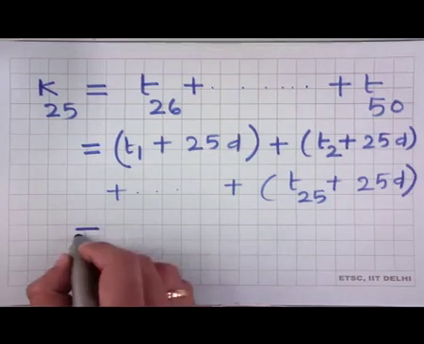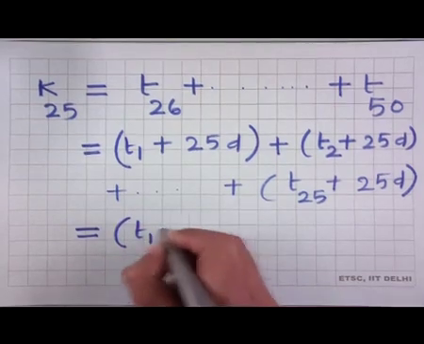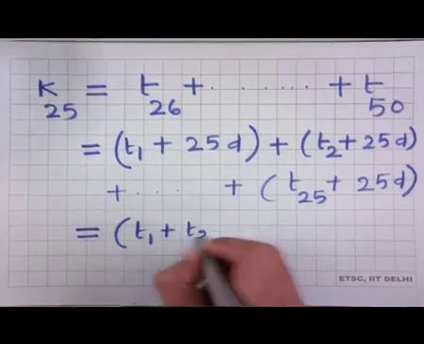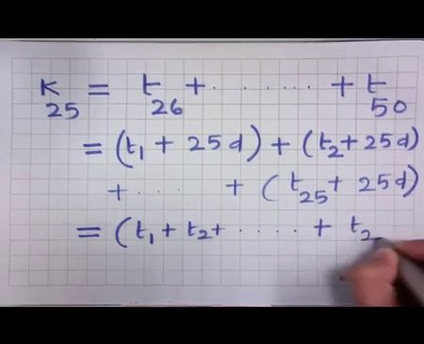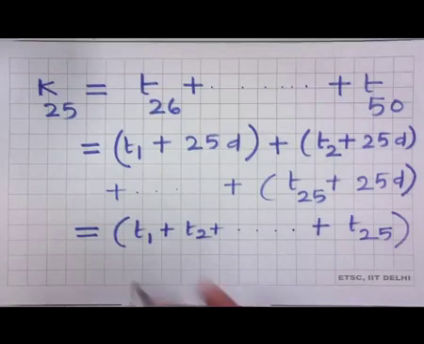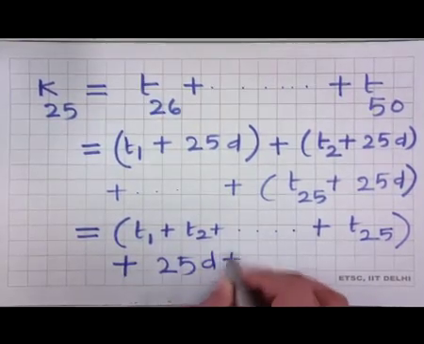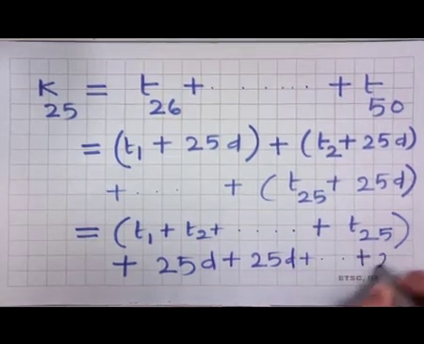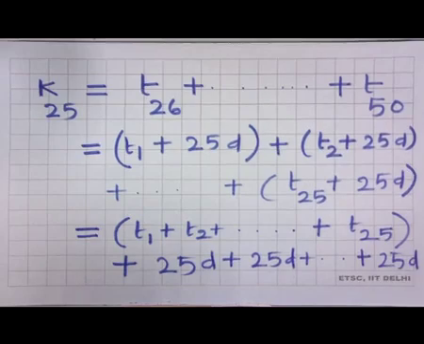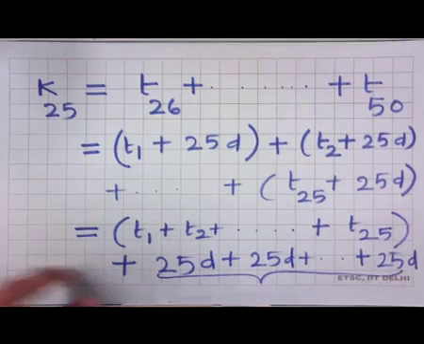Let us regroup this as T1 plus T2 plus etc. up to T25, plus 25D plus 25D plus etc. 25D. There are 25 such terms.